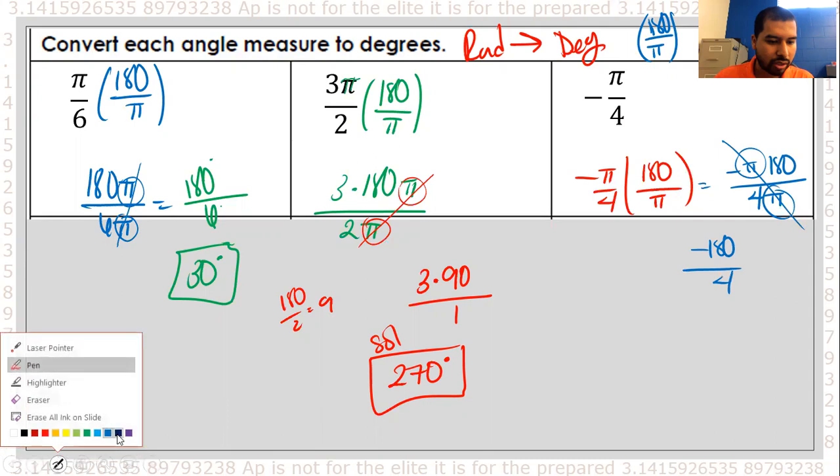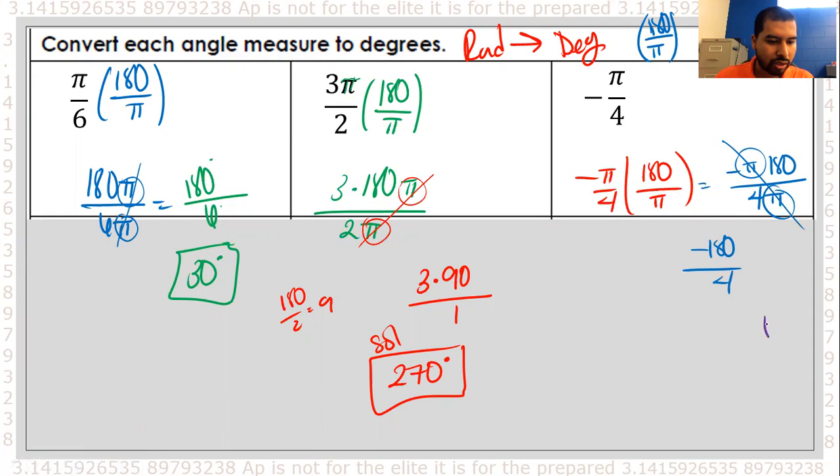If you don't know that one, you can just go back to your basic division, guys. You don't have to do a lot of mental math if you just want to do the algebraic. You could also think about it: 180 divided by 2 is 90, and then 90 divided by 2 is 45. So this right here gave me negative 45 degrees.